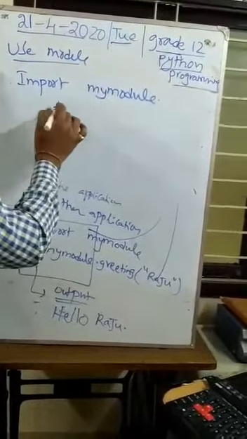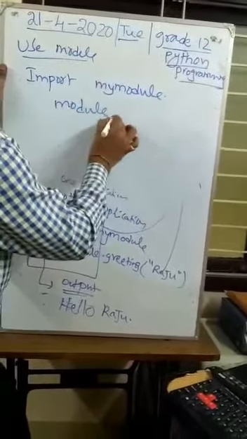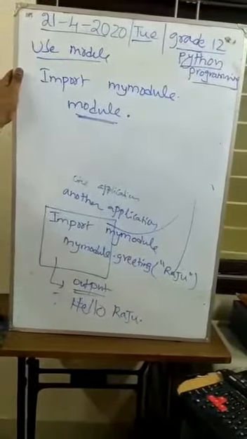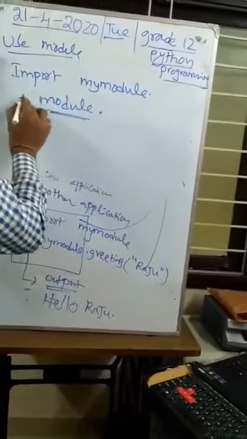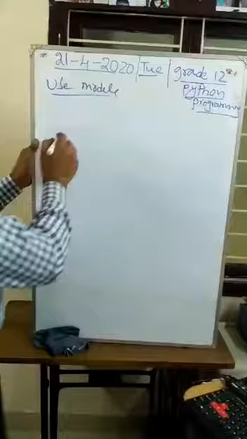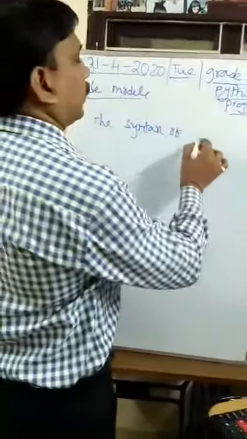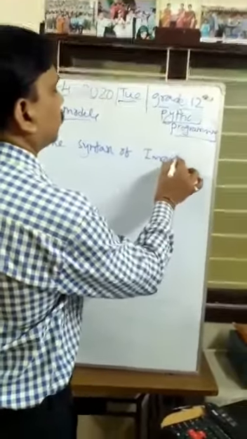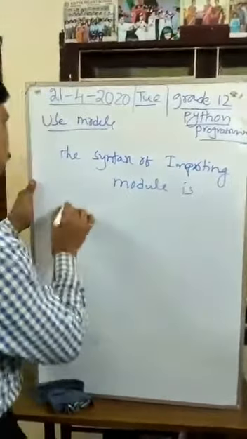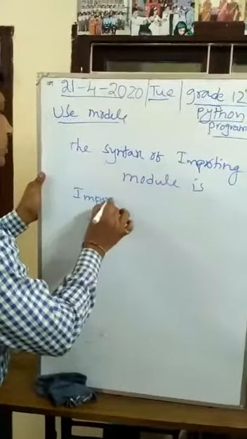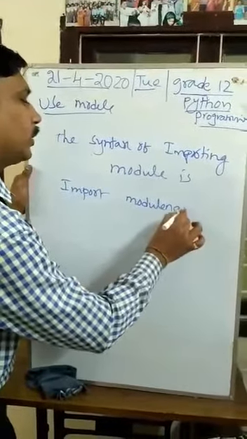Next I am writing here my module dot, see here, this one is the module name. I am importing this module with the module name, my module dot greeting. So the syntax of importing a module is: import module name, or name of the module.